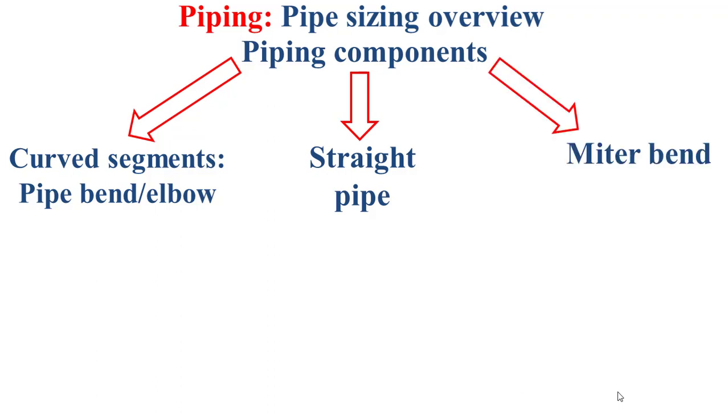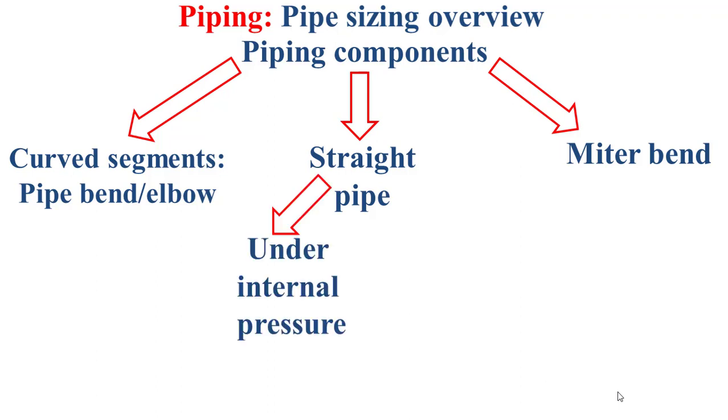For the straight pipe, we have two cases. Case one is when the pipe is subjected to internal pressure, and in this case, the straight pipe is sized based on the ASME B31.3, 304.1.2.